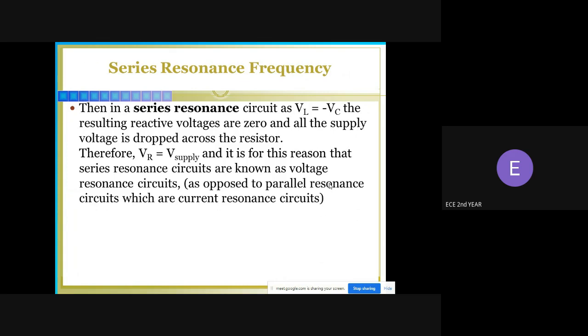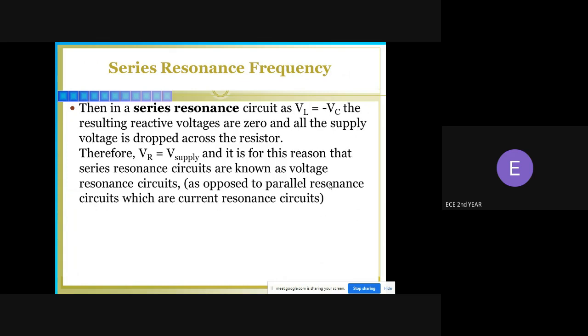Therefore, VR is equal to V supply, and it is for this reason that series resonance circuits are known as voltage resonance circuits, because whatever voltage is supplied by the source is given to the resistance only. So at the resonance condition, the source will always supply power only to the resistance, not to the inductor and capacitor.